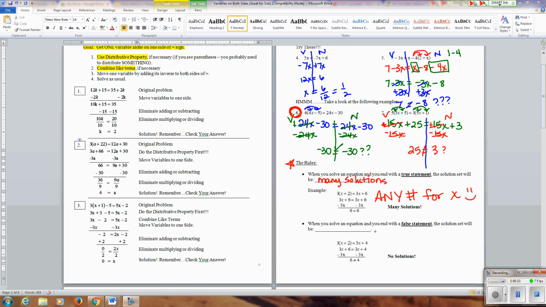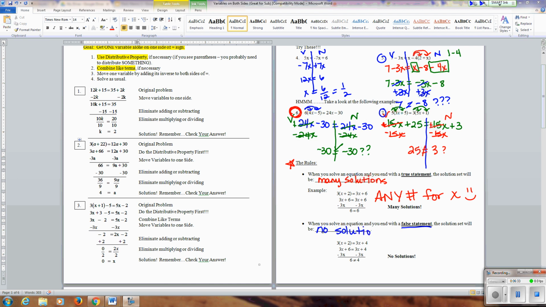But when you solve an equation and you end with a false statement, like numbers 5 and 7, something that's not true, like 7 does not equal negative 8, and 25 does not equal 3, those are not true statements. So I am going to tell you that when that happens, you have no solution. So the answer is no solutions.